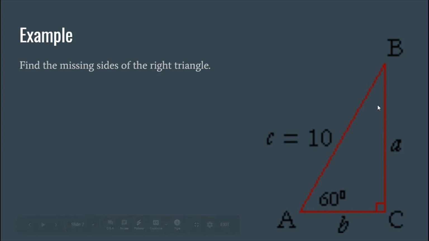Here, this is a 30 degree angle, which makes side B the smallest side. So side B is going to be half of this, because this is 2 times this. So B should be 5, and across from the 60 degree angle would be the smallest side times the square root of 3, so this would be 5 square root of 3. Pretty straightforward.